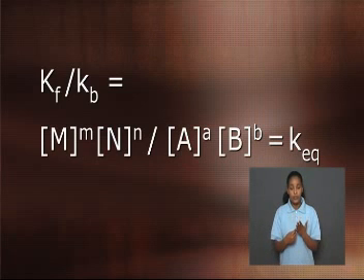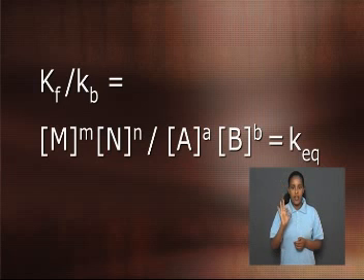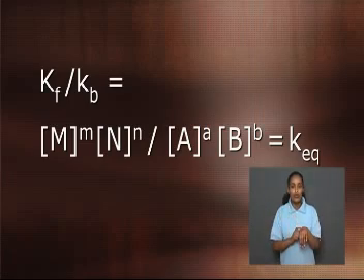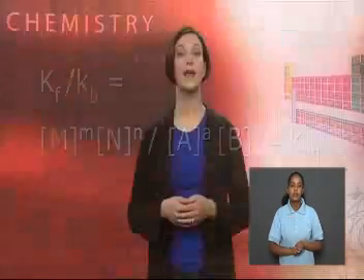Therefore, the ratio of Kf to Kb is also a constant. The ratio of Kf and Kb is represented by K subscript eq.